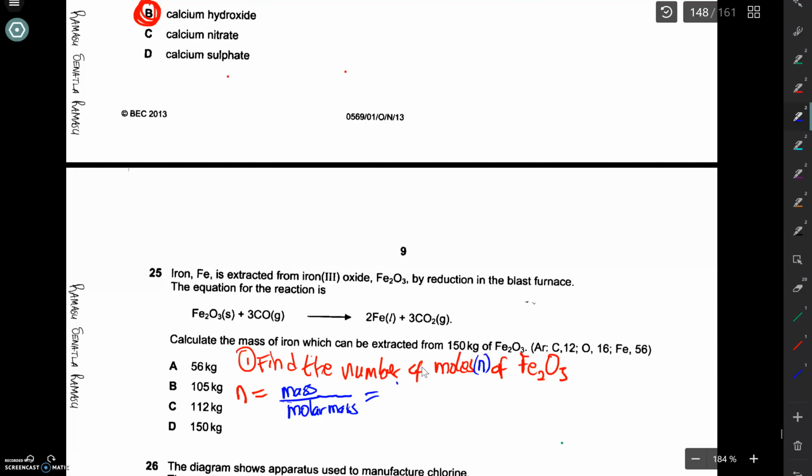Now the mass is given as 150 kilograms, but we need to convert these kilograms to grams, so we multiply 150 by 1000 to get 150,000.